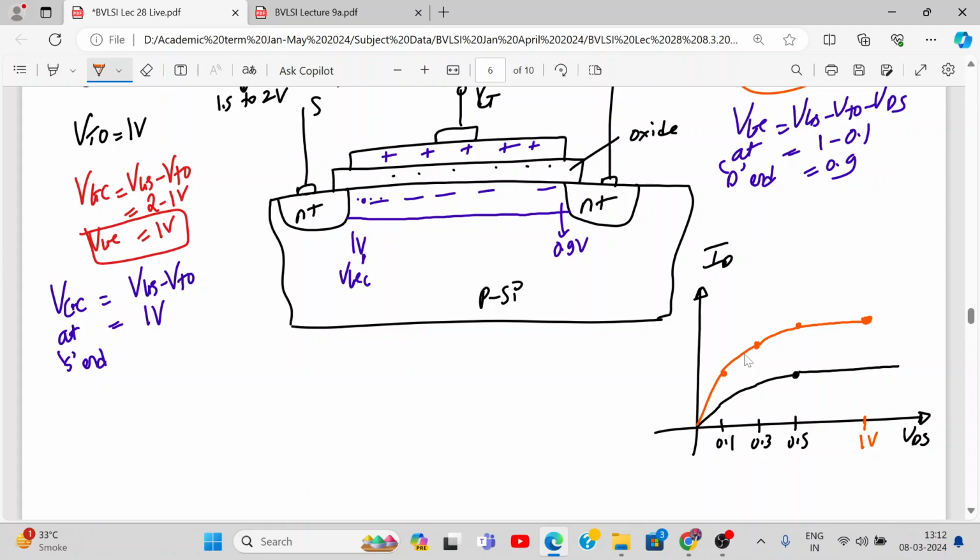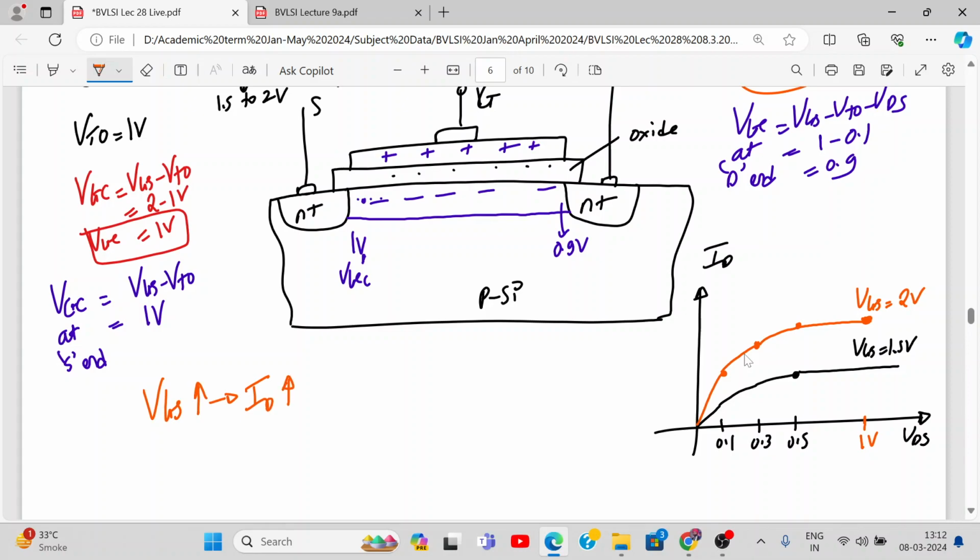तो ये वाला curve क्या था? This was VGS equal to 1.5. ये वाला कर्व कौन सा है? This is VGS equal to 2 volt. Yes or no? So as I increase the value of VGS, what is happening? Current is becoming more because channel conductivity is increasing.